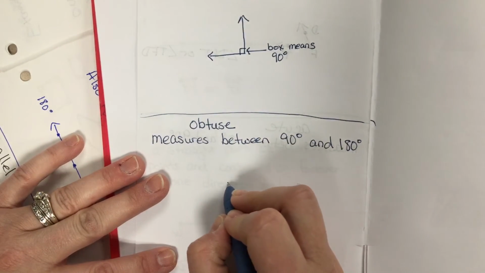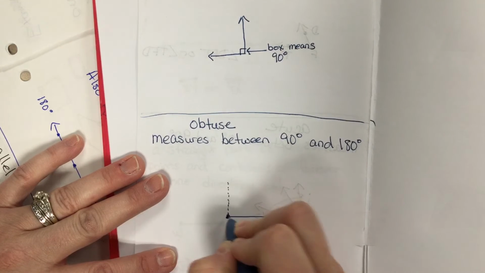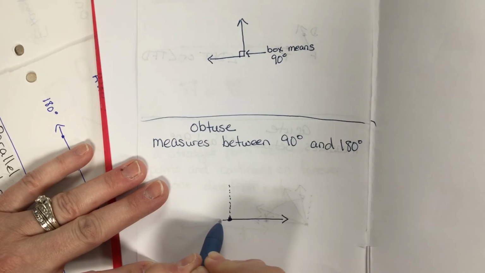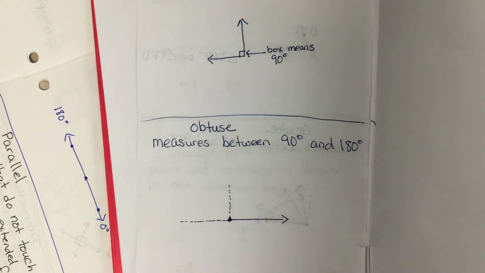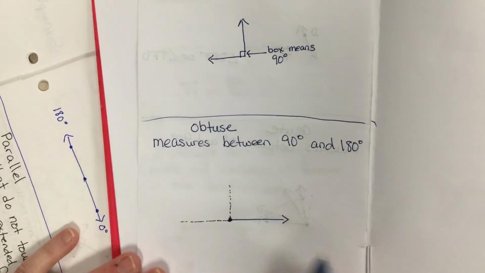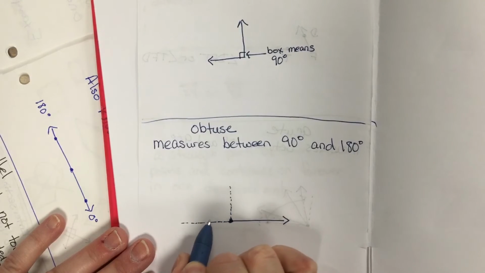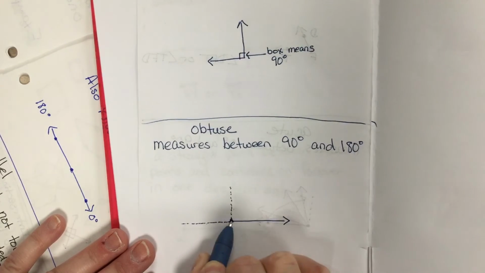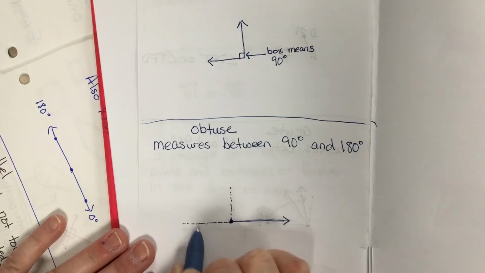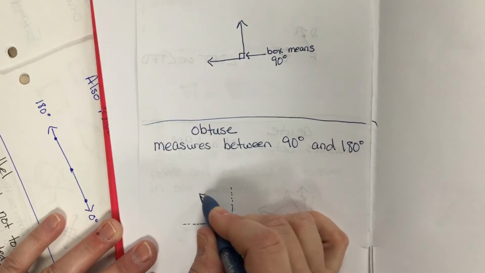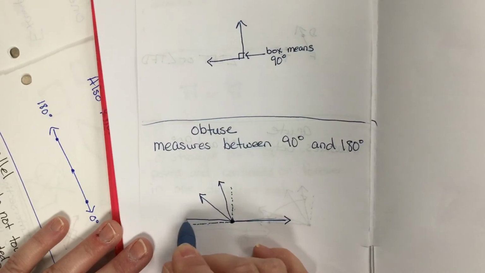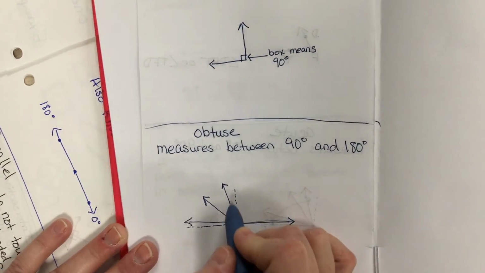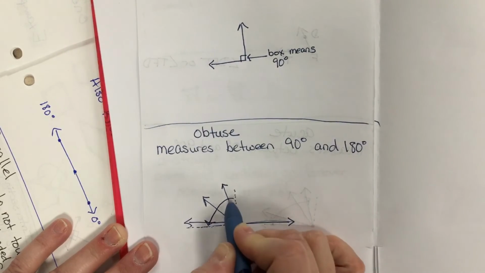I'm going to make a dotted line to show my 90 degree, and I'm going to make a dotted line to show my 180 degree. So my obtuse angle is going to be somewhere in between the dotted lines. So it's a solid line, and then the other one's going to fall somewhere in between the dotted lines. So it could be here, it could be right past that 90 degree, it could be really close to that 180 degree, but it's going to be in between here.